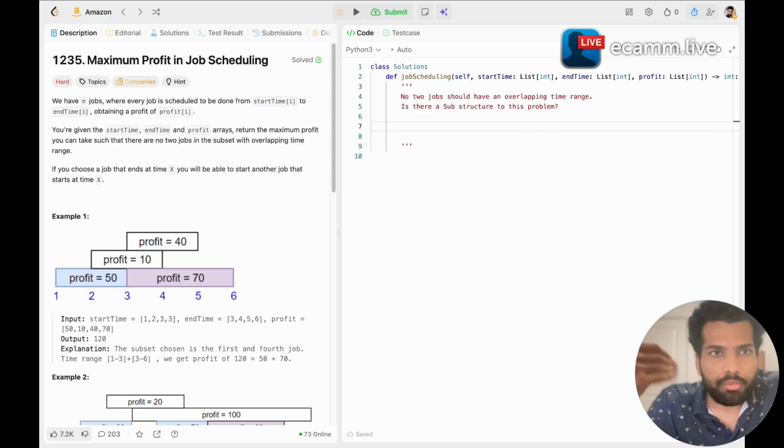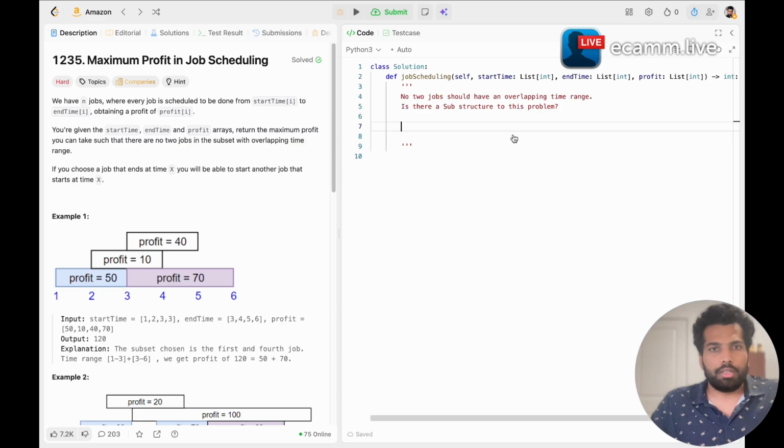What I mean to say is, we have a set of jobs given and we are asked to calculate the maximum profit, but let's say we're only concerned with the last job. Here the last job starts at 3 and ends at 6 with a profit of 70.